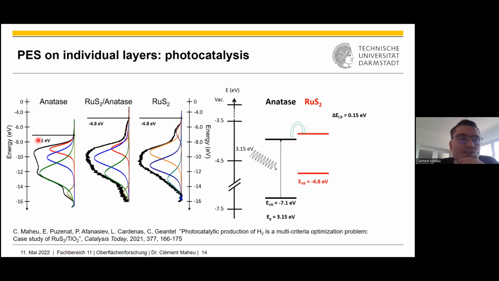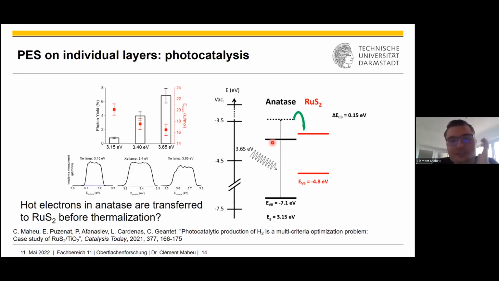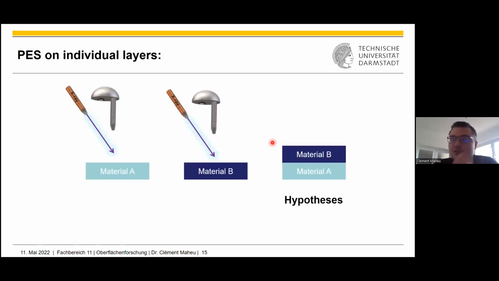And I used UPS to measure the valence band edge here, and also to probe some valence band states inside my powder. And this helped me to then understand also some mechanism during photocatalysis. So photoelectron spectroscopy is quite a technique that you can apply in many fields. So if you're interested, we can talk more about that, but I'm now coming back to a solar cell.